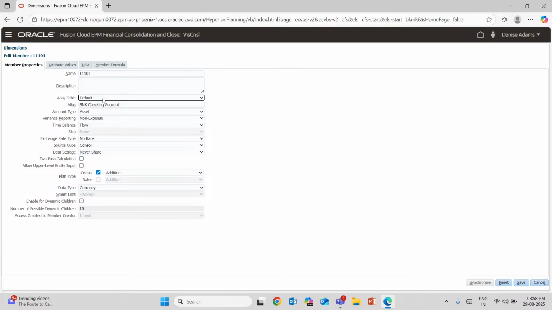Currently it is the default. The alias name is over here. Then comes the account type. This is a bank, under current assets, that's why the account type is asset over here.